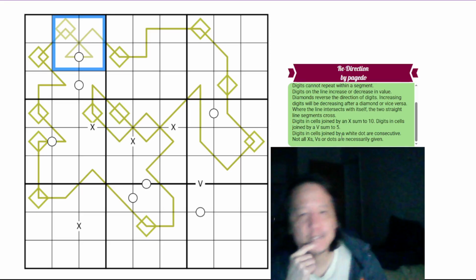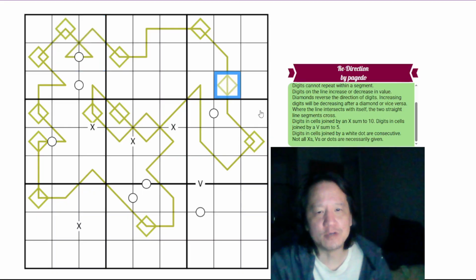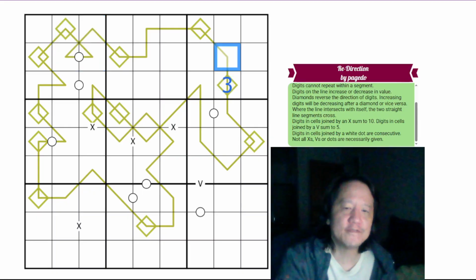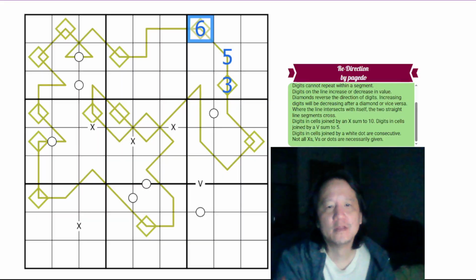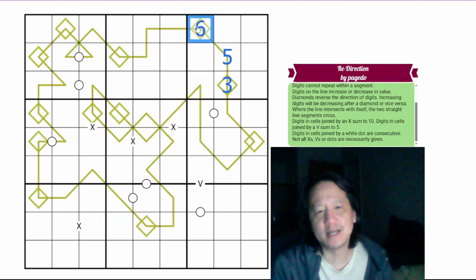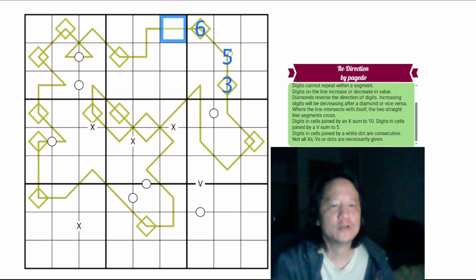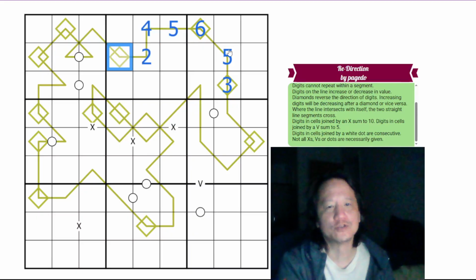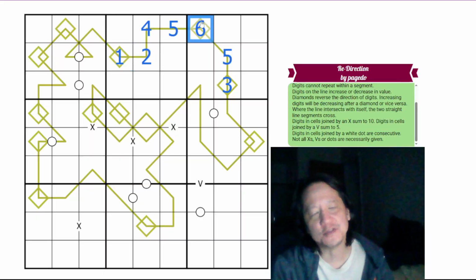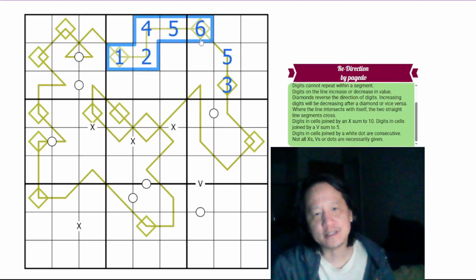Got it. So as an example, say this was 3, 5, and 6 here. This 6, since this is a diamond here, and it's increasing in this direction, it must start decreasing now. So then it could be 5, 4, 2, 1, and this would be valid. And since this part is decreasing this way, 6, 5, and 3, this must be increasing from this direction.